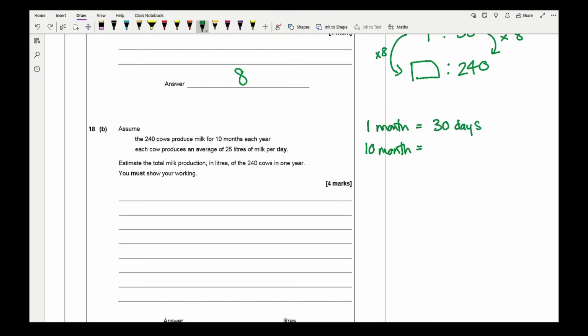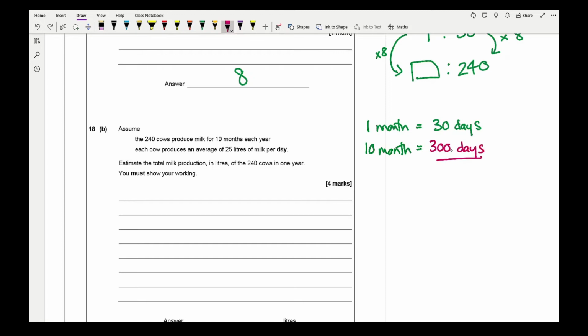Because it doesn't actually say which month, so I could count if it said from January to October, inclusive of those months, then that's fine. I could do the months, but it doesn't actually say. So I don't know if February is included. I don't know how many months of 31 are included. So I'm just going to take an average of 30 days. And then 10 months is going to be that number times 10, and that's going to be 300 days.